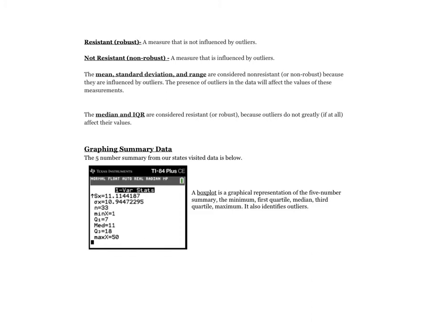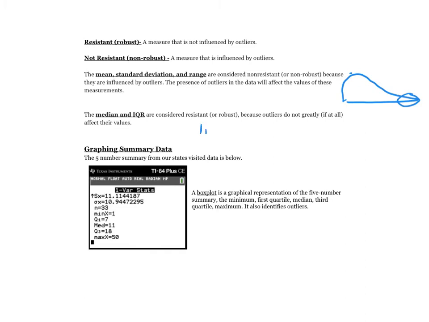That is why in a skewed distribution where there are potential outliers, we stay away from the mean and the standard deviation because they are affected by those. Also the range is affected by it. The median and IQR are considered resistant or robust because outliers do not greatly affect them, or at all affect them, usually.